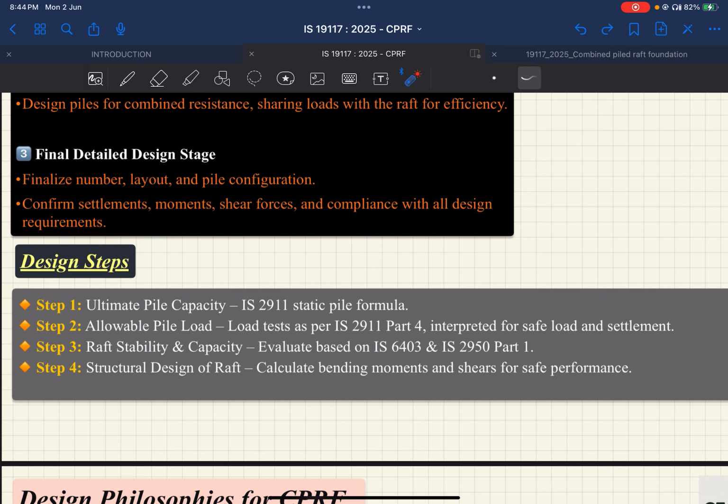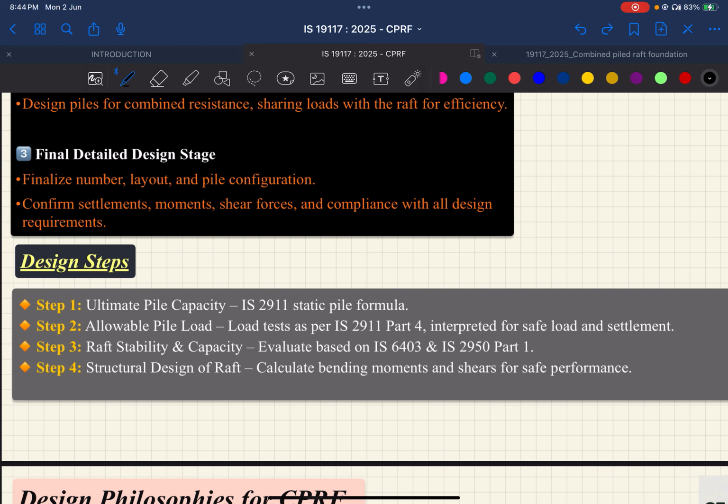And in step 2, the allowable pile load is calculated. How? In step 2, we will be determining the allowable pile load corresponding to a particular settlement. We will be conducting a pile load test as per IS 2911 Part 4.